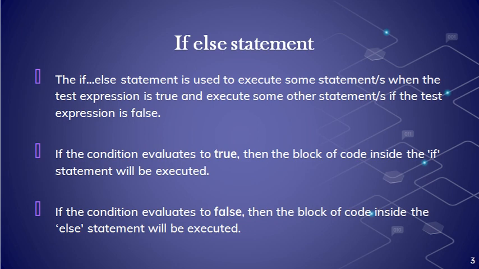In if, no statements will be executed when the condition is false. The control will go immediately after the if statement. In the case of the if else statement, if the condition is false, then the statements inside the else block will be executed.